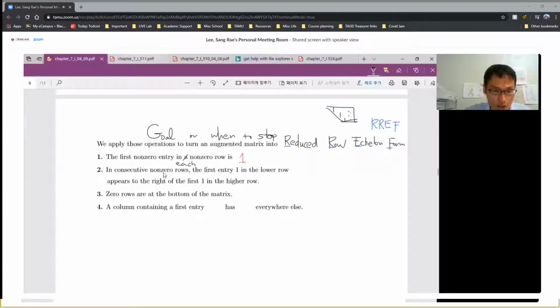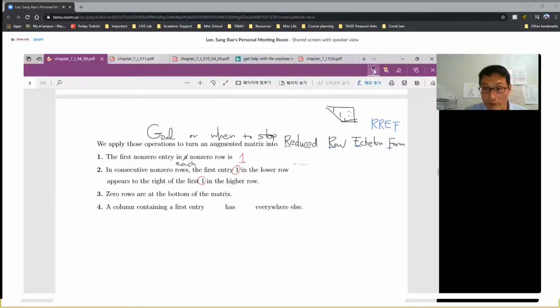In consecutive non-zero rows, upper one, lower one, there should be some rule. The first entry 1 in the lower row must be to the right of the 1 in the above row. So let me pick some example.